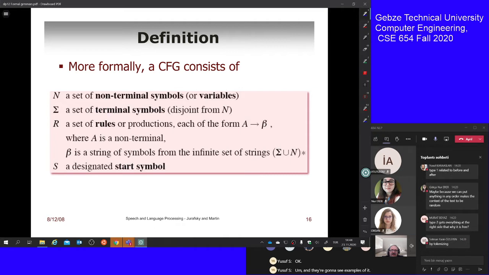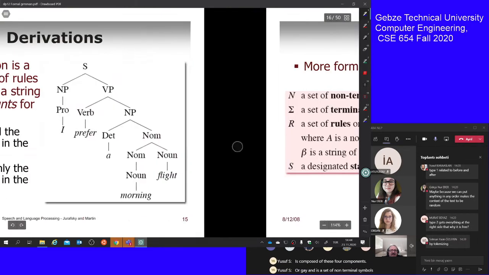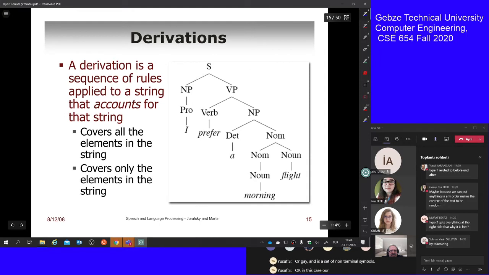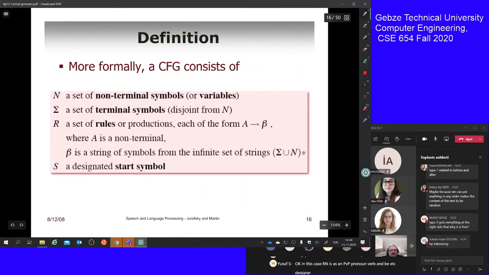Formally, a context-free grammar is composed of these 4 components. N is a set of non-terminal symbols. In this case, our N is S, NP, VP, pronoun, verb, etc. These are our non-terminal symbols. Sigma is different from N. It's our terminal symbols.